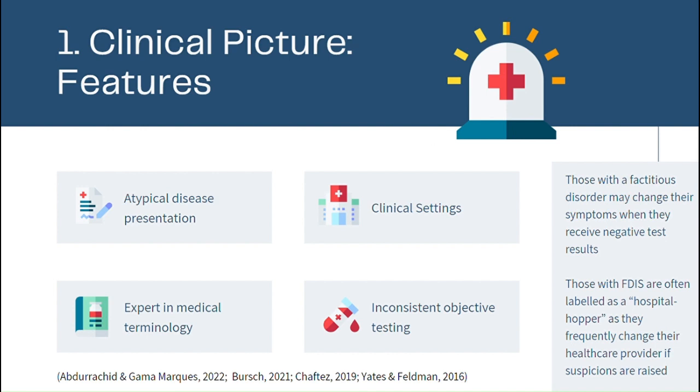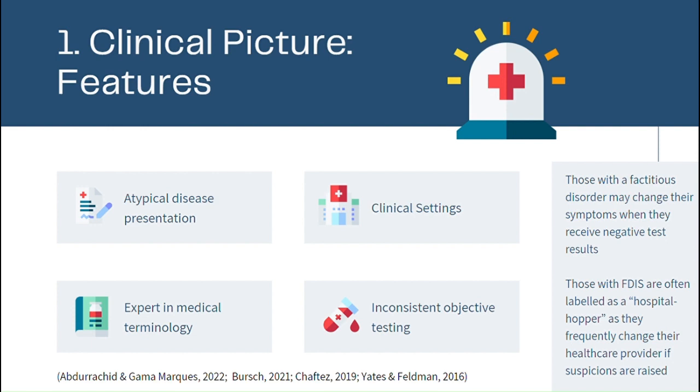There are some features that clinicians need to look out for when considering a case of factitious disorder. Firstly, an atypical disease presentation, where the disease claimed by the person with factitious disorder does not meet the symptom profile of the disease itself. Also, factitious disorder typically presents in clinical settings such as hospitals and doctors' offices.